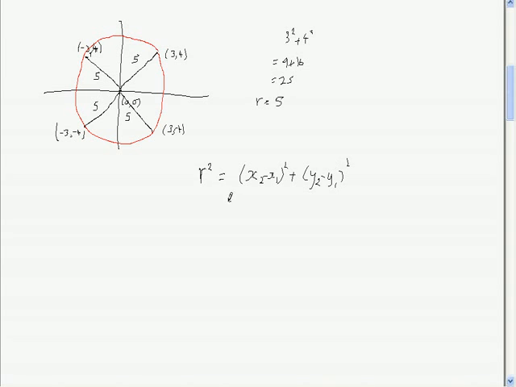My x2 here was 3 and my x1 was 0, and my y2 was 4, my y1 was 0. Therefore that is equal to 5 squared.